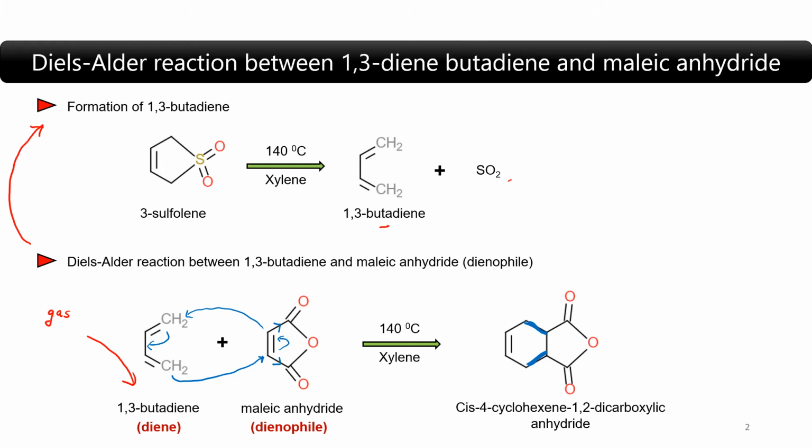So in the experiment, we measure 3-sulfolene and we measure maleic anhydride. We can't measure 1,3-butadiene because it's a gas, so we are taking this roundabout way to produce 1,3-butadiene in the mixture, and then it will react with the maleic anhydride.